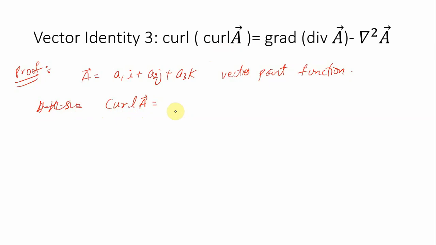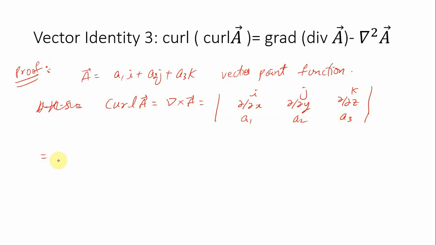Please remember curl of A bar is nothing but del cross A bar, which is equal to the determinant with i j k, dou upon dou x, dou upon dou y, dou upon dou z, and A1, A2 and A3. Yes students, please remember, simplify these values.